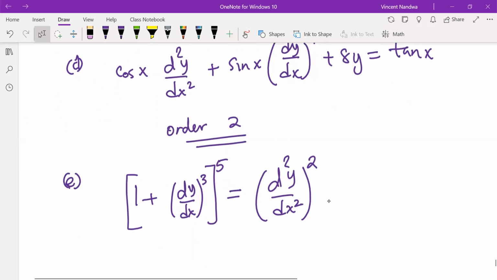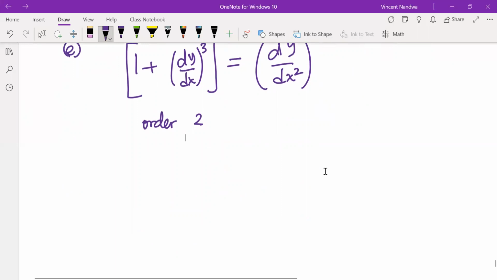Now remember this first order raised to power 3, this second order raised to power 2. So the key thing here is that the highest derivative is this second order derivative. So this is also an order 2 differential equation.